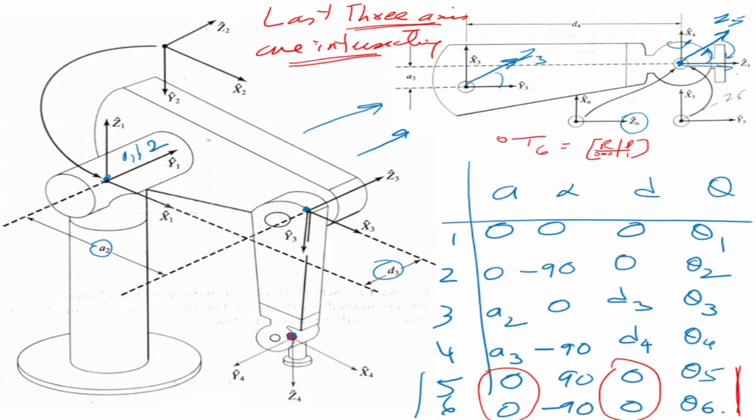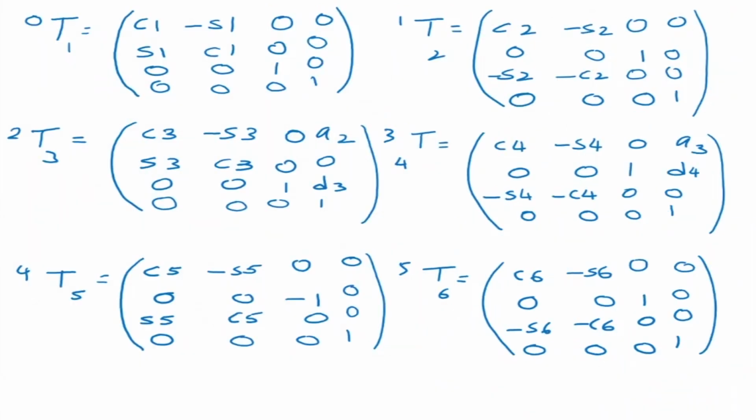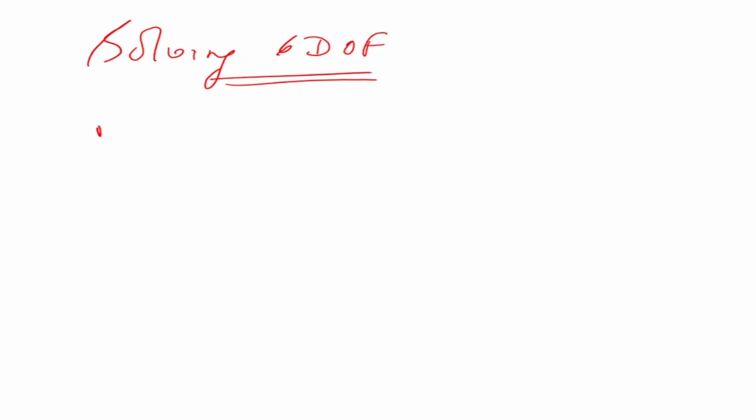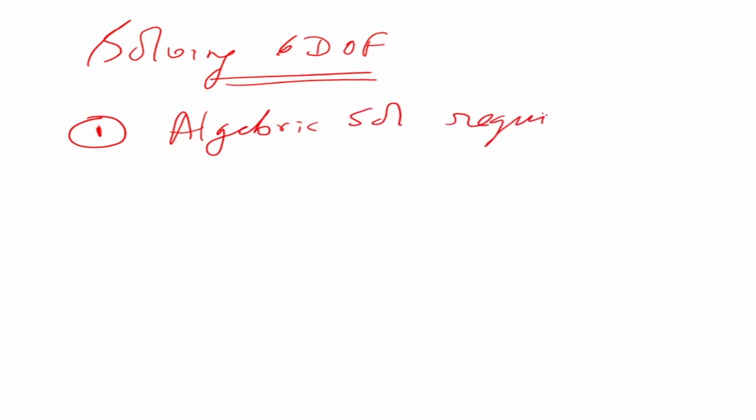So from here we understand that if you want to solve a 6 degree of freedom system, so I'll just write it here. Solving a 6 DOF system requires that, for the system to have an algebraic solution, the last three axes be intersecting.